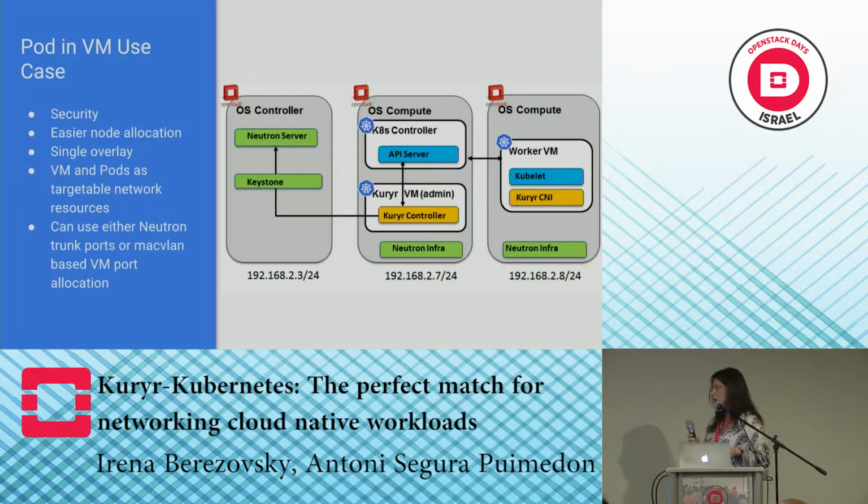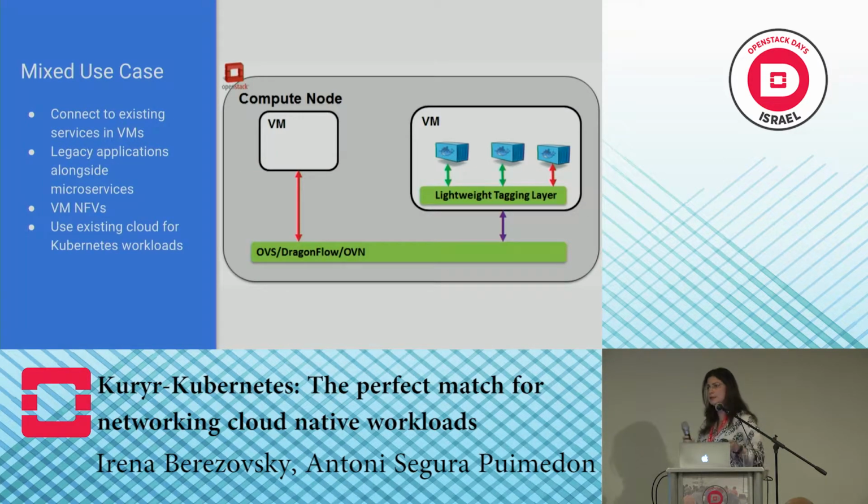And as you can see on the worker node VM, we have the same as with the bare metal case, the Kuryr CNI, which will be responsible for the local binding only. What we use for this nested case is the capability introduced in Neutron since the Ocata release, the trunk port, and Toni will explain it in detail a bit later.